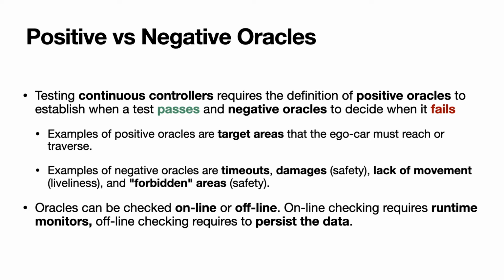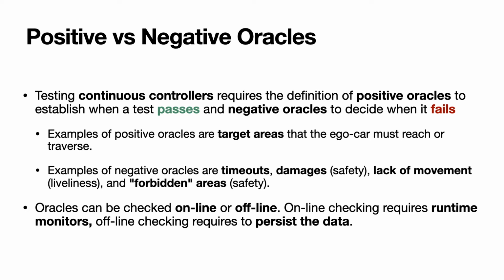Classical examples of positive oracles are target areas. The car must drive from the initial position to some target area, and if it reaches the target area, the test passes. Conversely, examples of negative oracles are timeouts: the car did not succeed within some time.